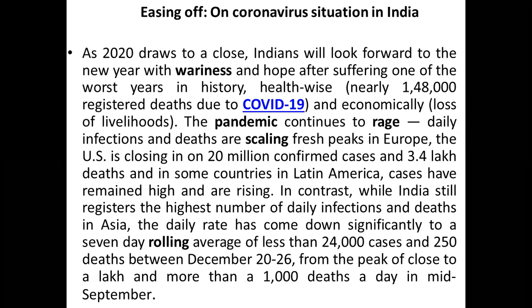In contrast, while India still registers the highest number of daily infections and deaths in Asia, the daily rate has come down significantly to a 7-day rolling average of less than 24,000 cases and 250 deaths between December 20th and 26th, from the peak of close to a lakh cases and more than 1,000 deaths a day in mid-September.